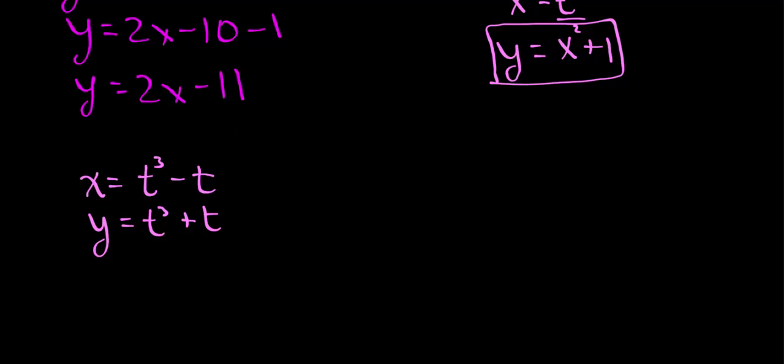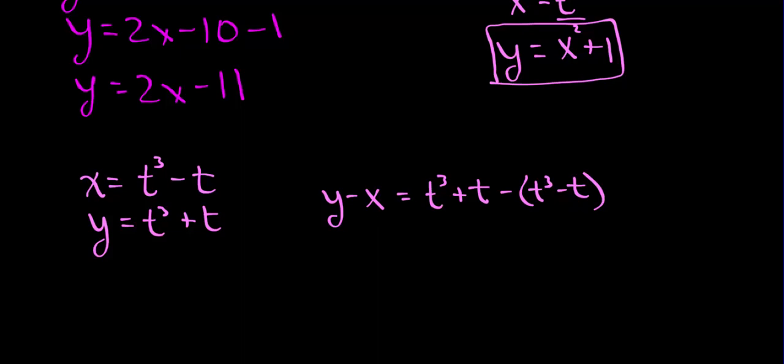So what about if I just take y minus x, or you could do x minus y. Let's see what that's going to be. Y is t cubed plus t, minus (t cubed minus t). There we go.